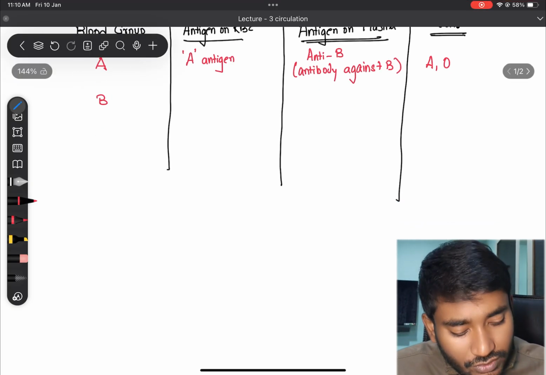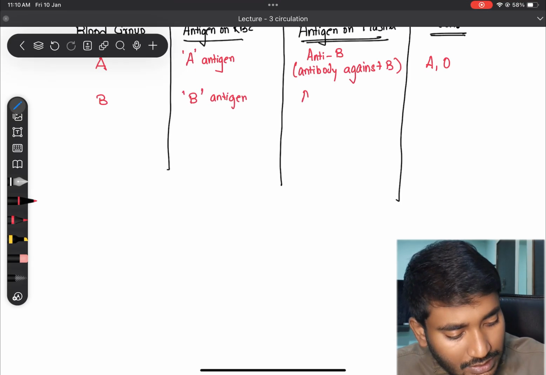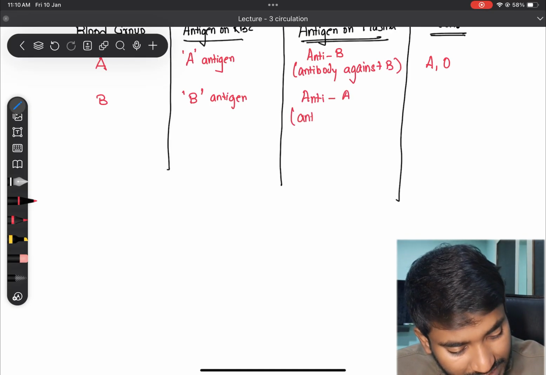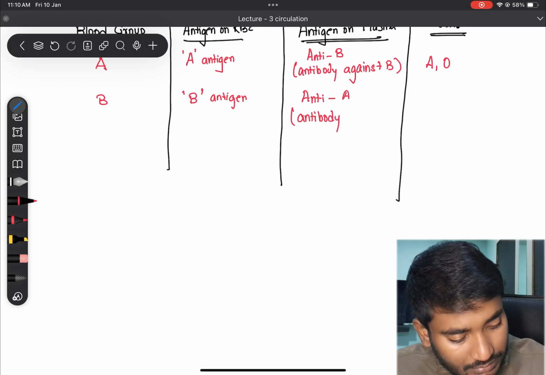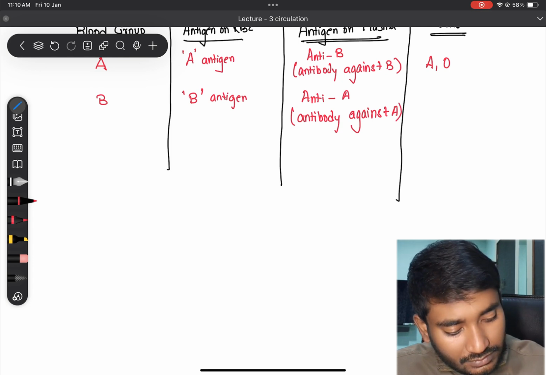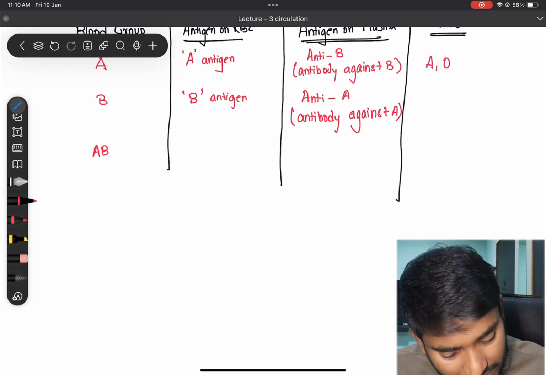Come to the next blood group, B. Antigen on RBC, B antigen. Antibody on plasma, anti-A, antibody against A. Next blood group, AB.